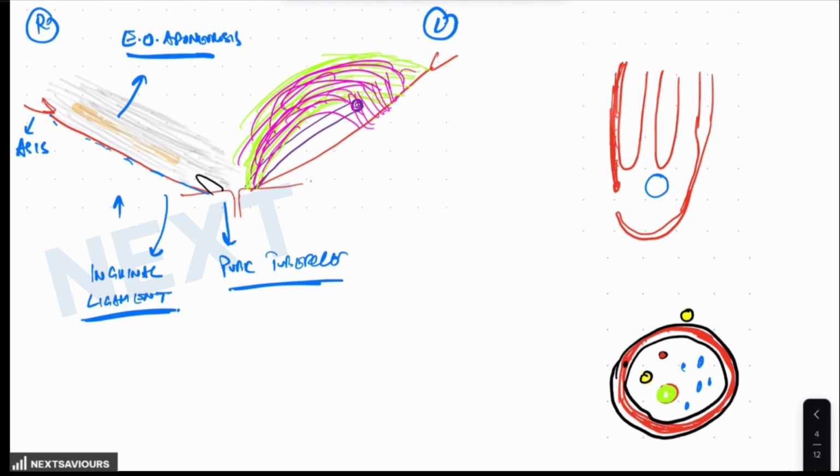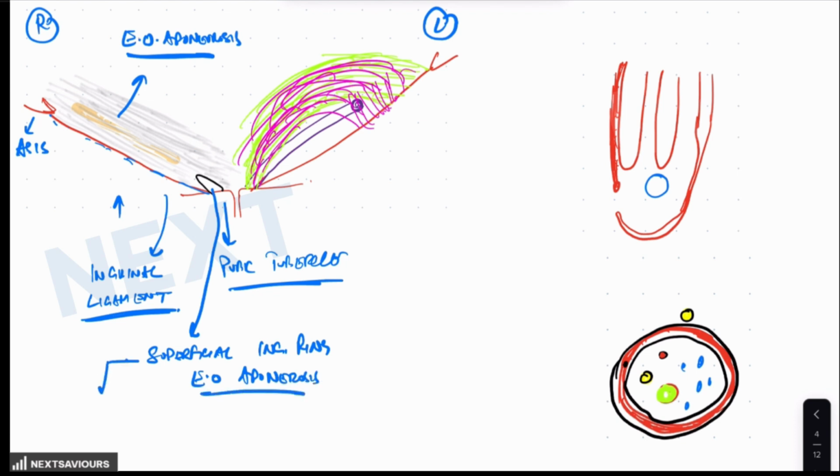Now, what we have to understand at this level is that in the external oblique aponeurosis there is a deficiency, which is called the superficial inguinal ring.